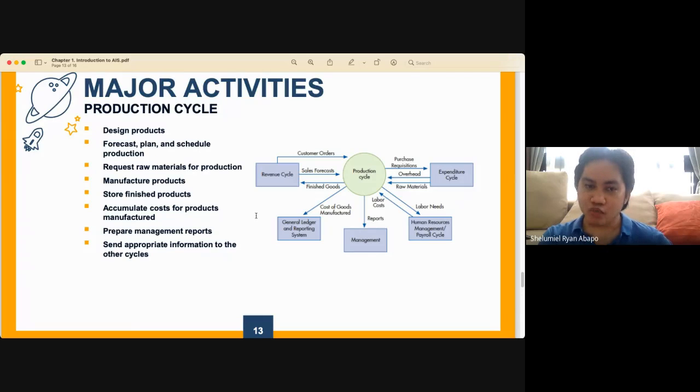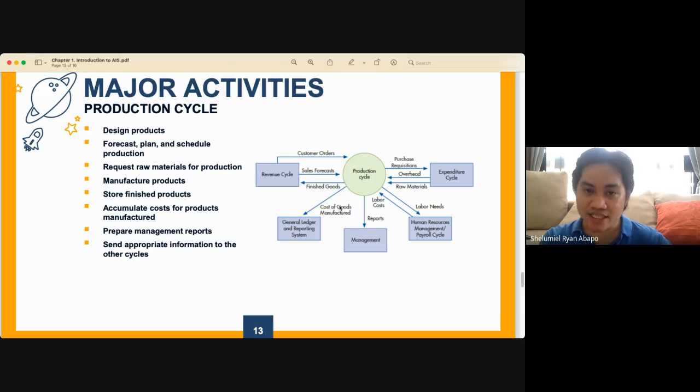And then once there's already a forecast and a budget of how many items you're about to manufacture for this particular period, you will then request the raw materials that are needed. Basically, yung level ng raw materials niyo ngayon, kung ano na lang yung kulang niyan para ma-comply ninyo yung total requirement in order to manufacture the forecasted goods to be manufactured for the period. Yun yung i-request ninyo sa expenditure cycle.